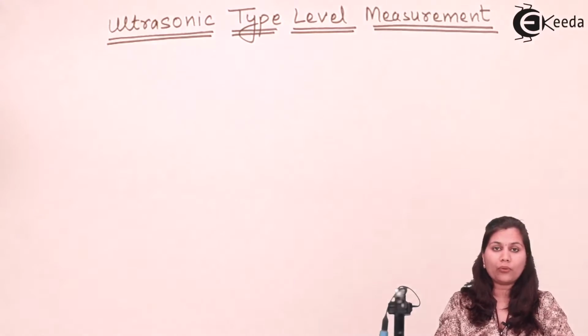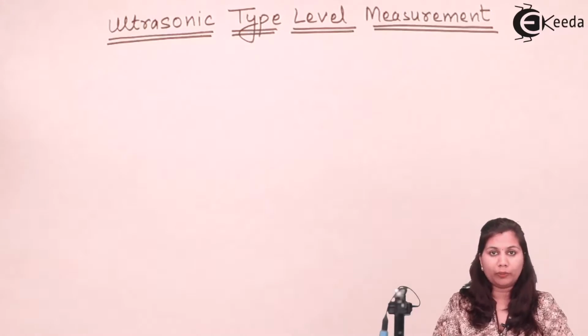The measurement of the level of a liquid is a very important function in industrial processes. Industrial processes involve various types of liquids like water, chemicals and solvents. So to find out the amount of liquid, we find the level of the liquid in a container.